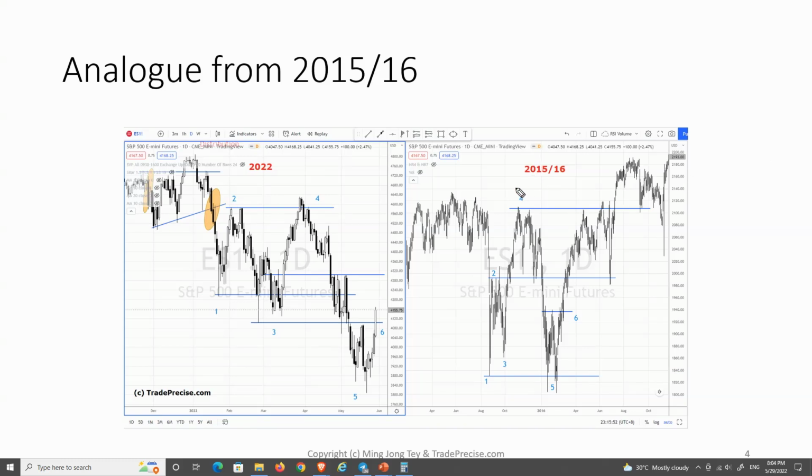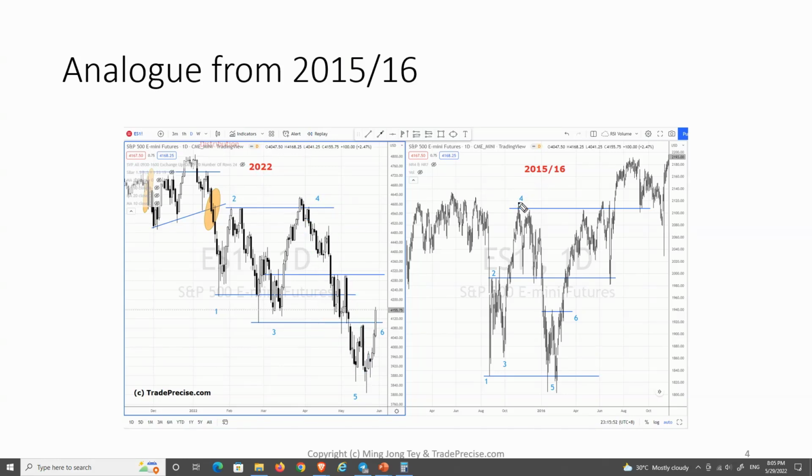In 2015-16, we got a higher high at 4. But in the current year, we got an upthrust, slightly higher than 2. It just creates a temporary commitment. It's an upthrust followed by commitment below, and then that actually kickstarts a very sharp sell-off.